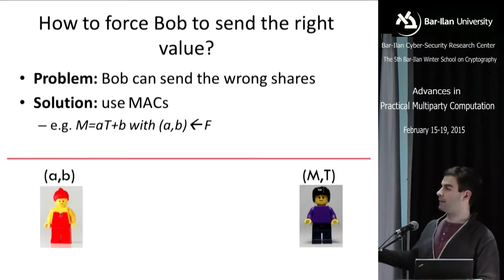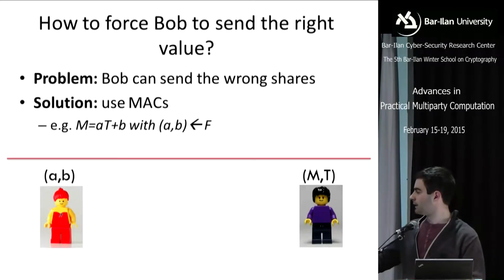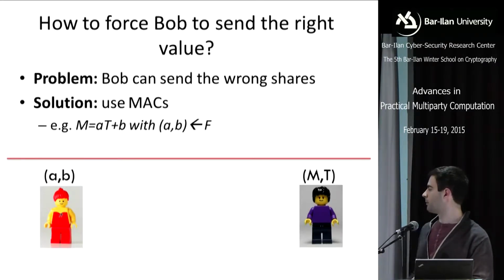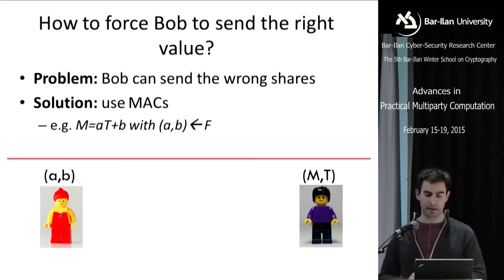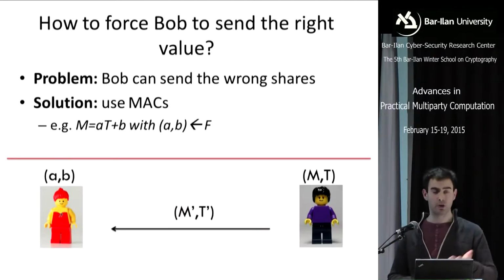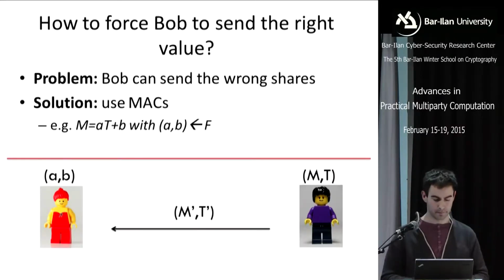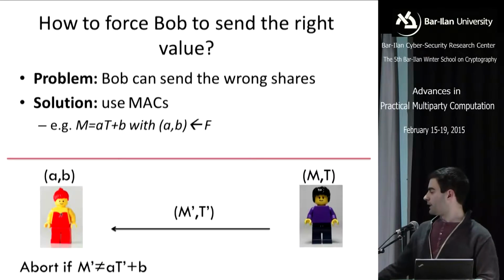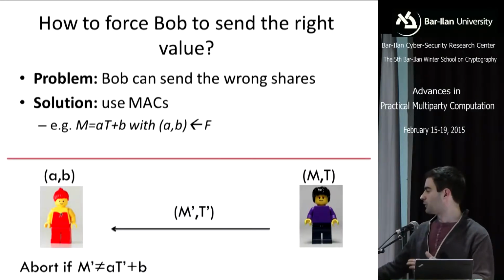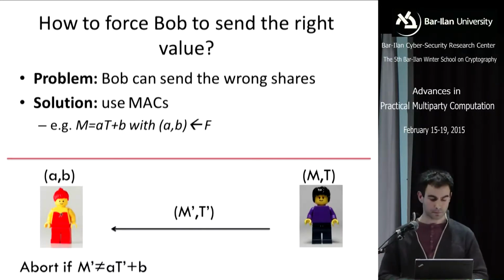So now what happens is that the trusted dealer gives Alice a key for this MAC, A comma B, and Bob is shared T, but he also has this MAC M. And when Bob wants to send his share, he must send the MAC together with his share. Of course, Alice will check if the MAC is valid, and if the MAC is not valid, she will abort.